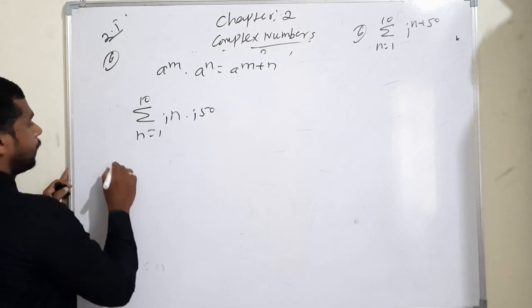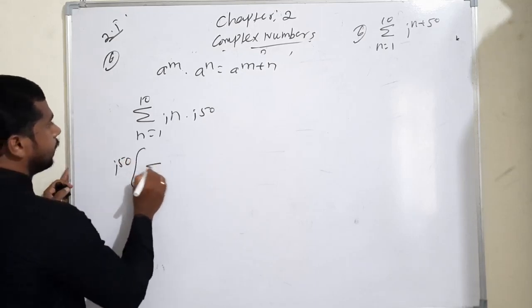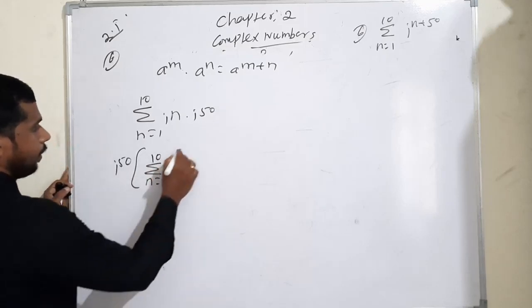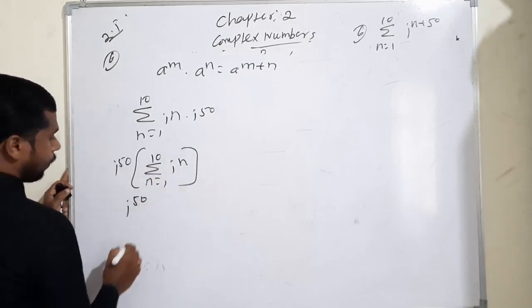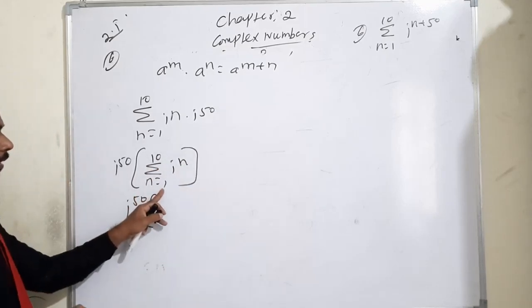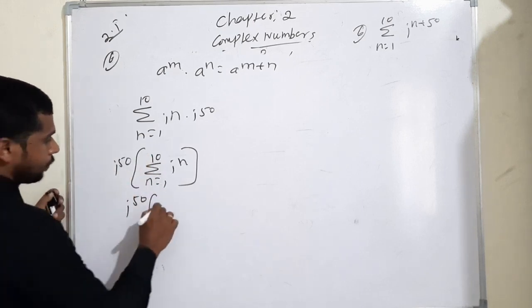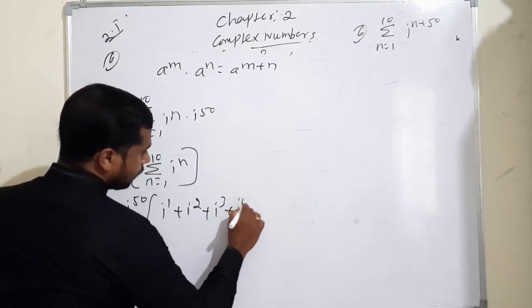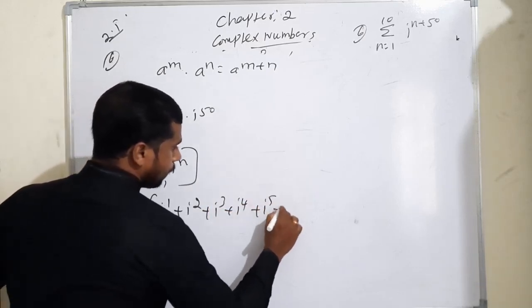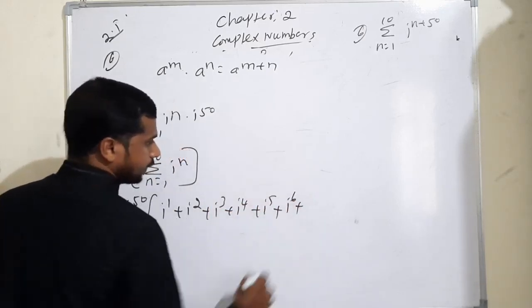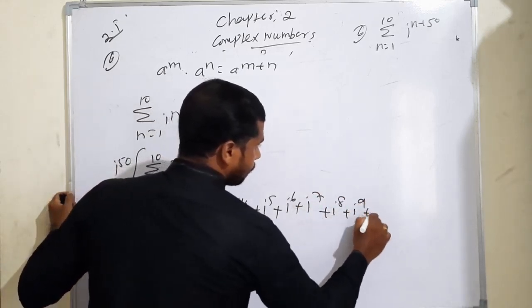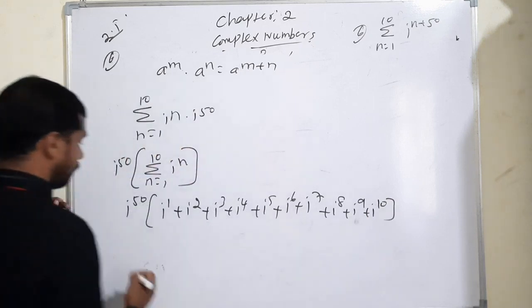Again I to the power 50 take common outside, and inside summation of n equal to 1 to 10 I to the power n. Then again I to the power 50. We can write n value 1 to 10: I to the power 1 plus I to the power 2 plus I power 3 plus I power 4 plus I power 5 plus I power 6 plus I power 7 plus I power 8 plus I power 9 plus I power 10.